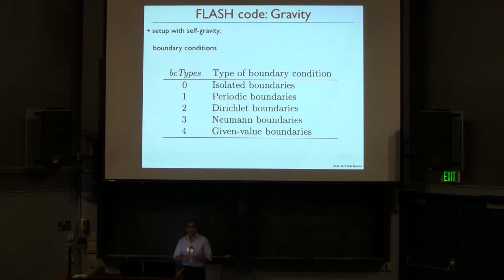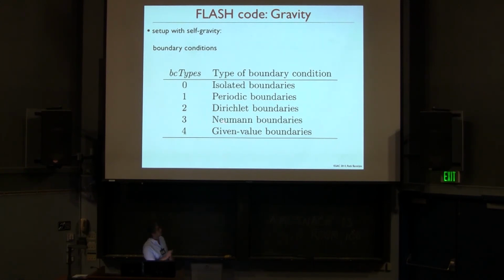boundaries. That means your central object sits essentially in a vacuum, so outside of your simulation box there's nothing else. Periodic boundaries, that means you mirror whatever is in your simulation box to the sides next to it. And then, of course, these classical Dirichlet and Neumann boundaries, where you either give directly the potential at the boundaries of your simulation box or the normal derivative specifying the Neumann boundaries.